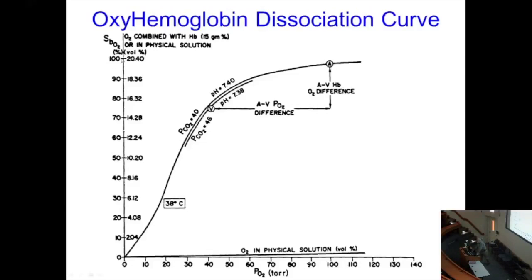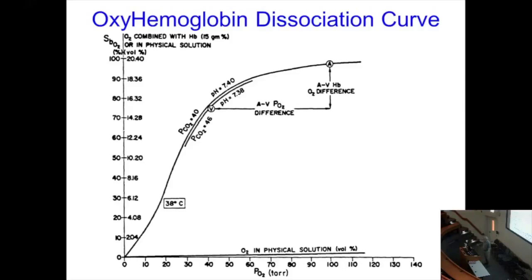Now, the second set of labels is called volume percent. Okay, and this volume percent means how many milliliters of oxygen there are in 1 deciliter of blood. A deciliter is 1/10 of a liter, so it's 100 milliliters.